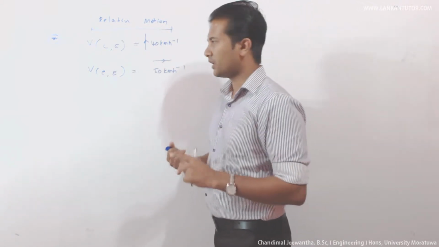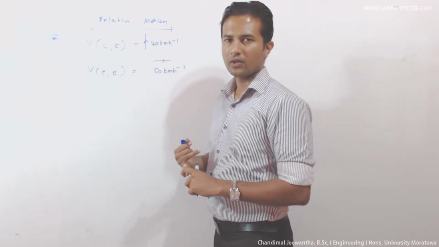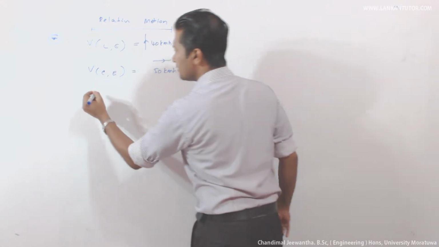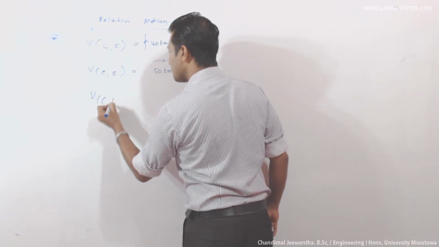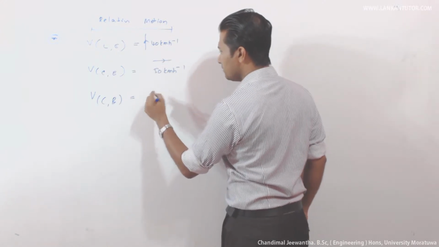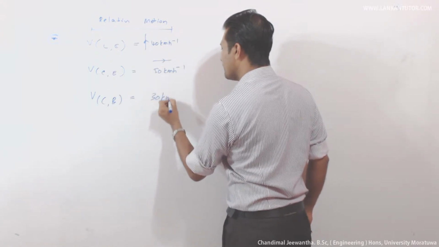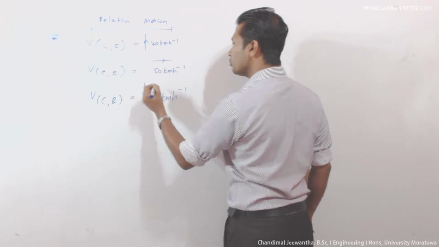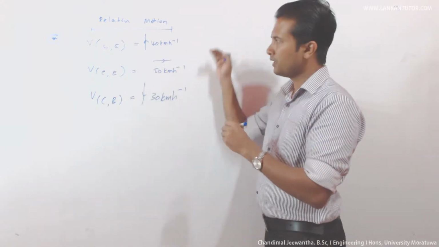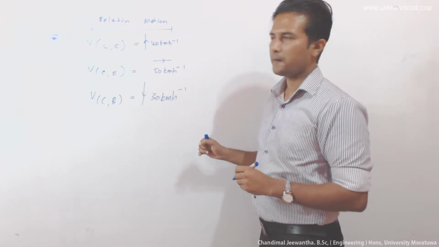Let's consider another example. Velocity of car relative to the bus is found to be 30 kilometers per hour towards south. This is the way of symbolizing the given factors.